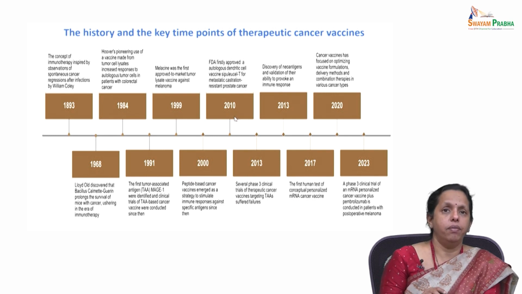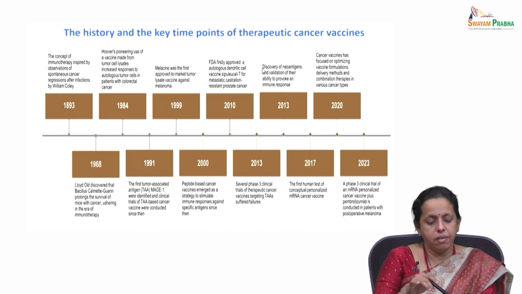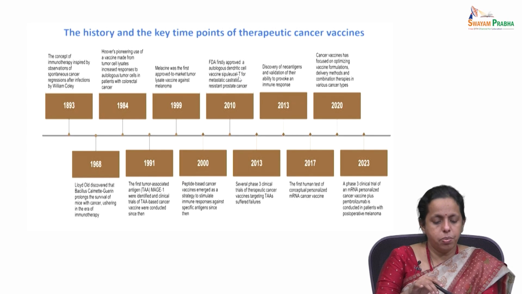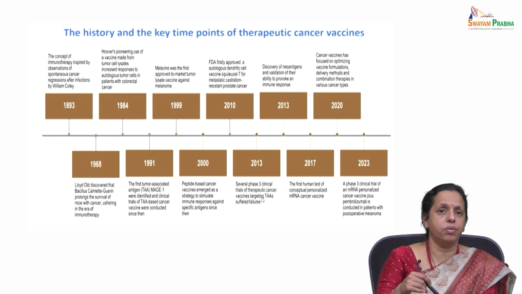And then we even had the FDA fully approved dendritic cell vaccine, sipuleucel-T, for metastatic castration-resistant prostate cancer. And then several phase 3 clinical trials of therapeutic cancer vaccines targeting TAAs, and here again of course there are quite a few failures.